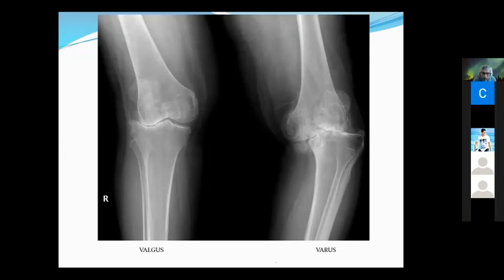Then what else? What are the other important structures? One very important structure, say, let us talk about the valgus, the important structure that you release in a valgus. Posterolateral corner. Cruciates also. Okay.